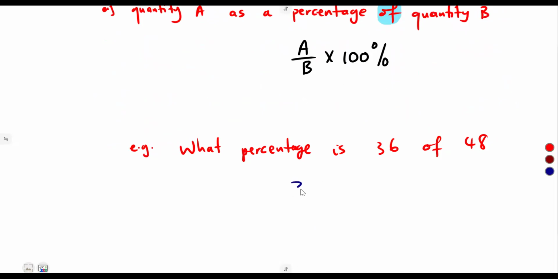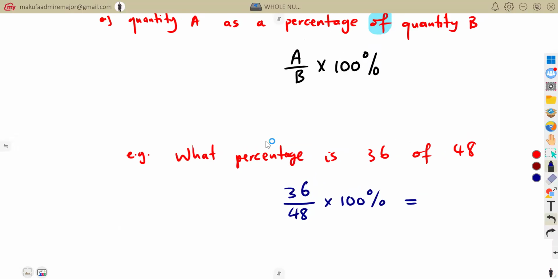It follows that it's going to be 36 over 48, as a percentage, you multiply by 100, just like that. On your calculator, you were simply going to use it directly, 36 over 48. That is going to give us 75.